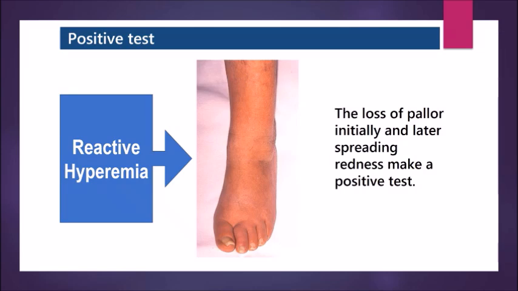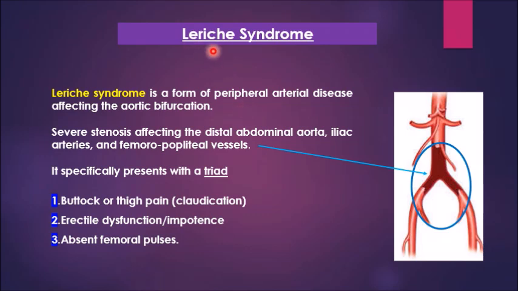There's another special syndrome known as Leriche syndrome, which is due to obstruction of the bifurcation of the aorta into the iliac arteries, as shown here: aorta, right and left iliac arteries. There's a blockage here, narrowing due to atherosclerosis. Leriche syndrome is a form of peripheral artery disease affecting the aortic bifurcation, with severe stenosis affecting the distal abdominal aorta, iliac arteries, and femoral-popliteal vessels.